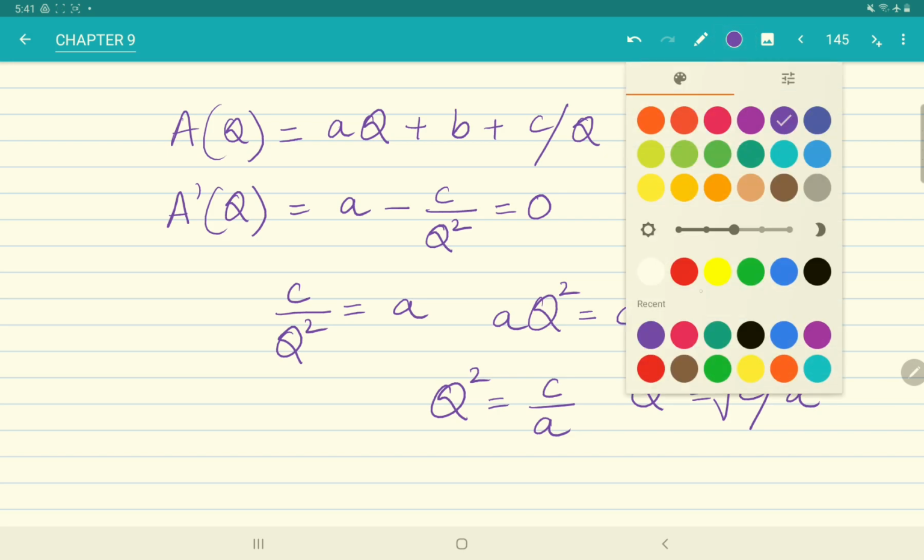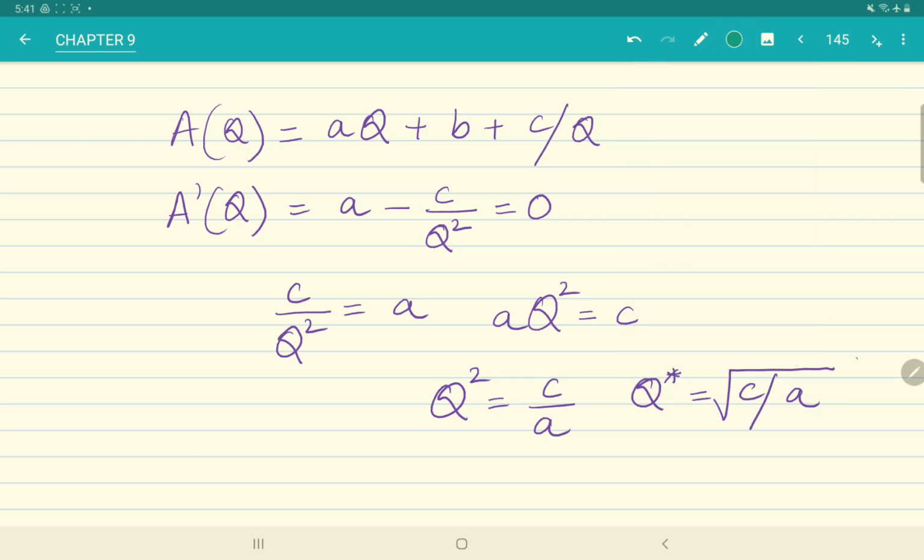That is the only stationary point of the average cost function.